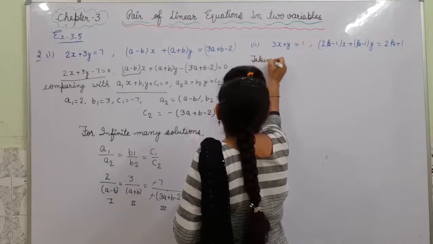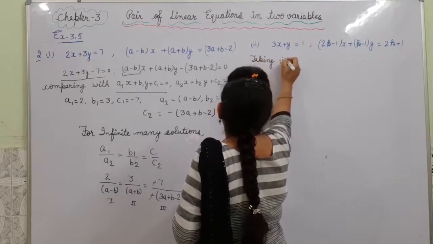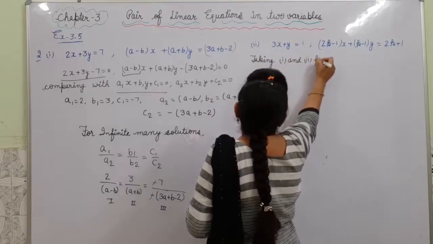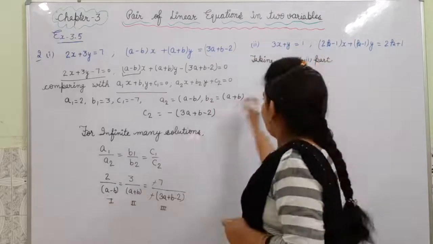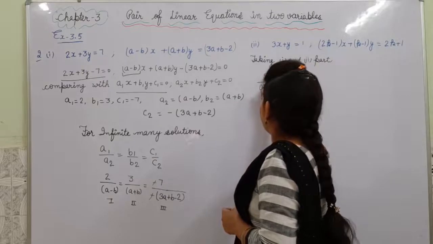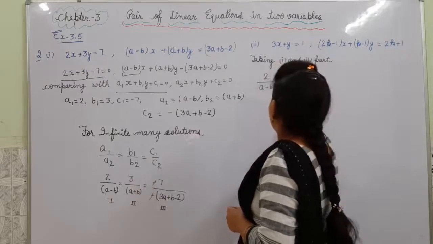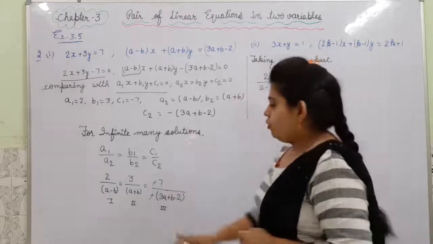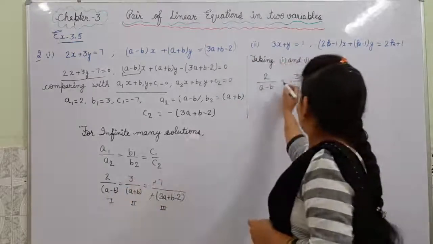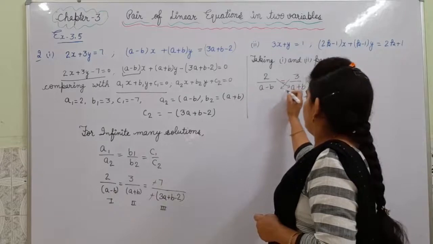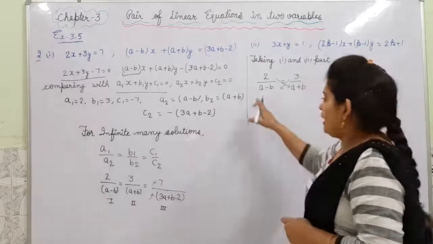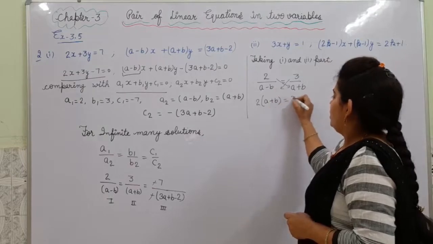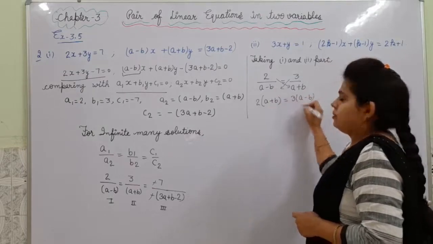Taking the first and second part. From here, 2 upon a minus b is equal to 3 upon a plus b. Now we will do cross multiplication here. On cross multiplication what will we get? 2 into (a plus b) is equal to 3 into (a minus b).